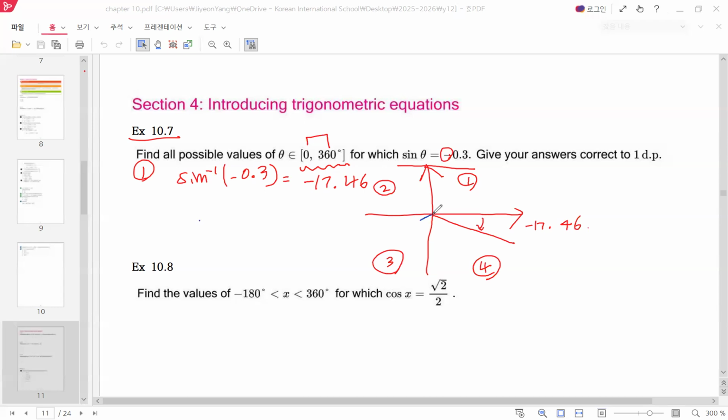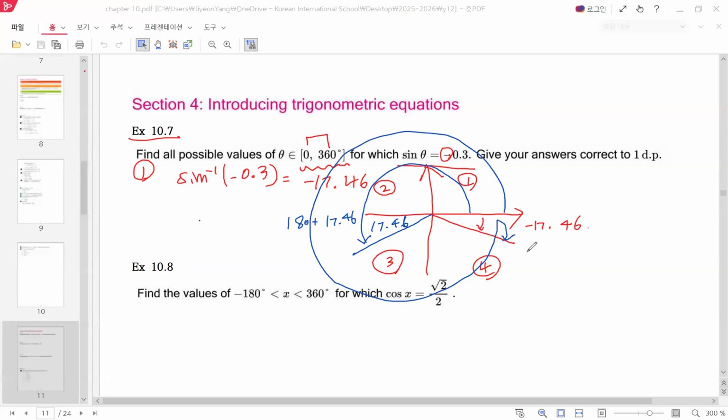So I want you to draw this line, which is 17.46. From here, what's the angle size, students? 180 plus 17.46, or 360 minus 17.46. Do you understand?